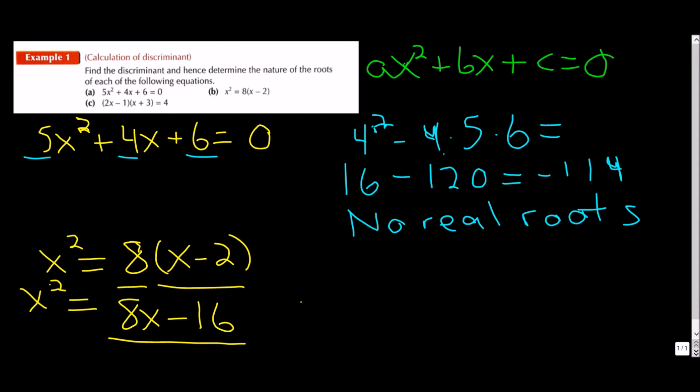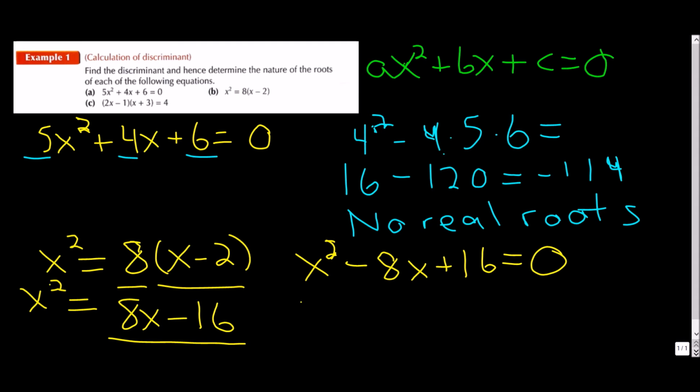So we're subtracting 8x minus 16 and moving it over. Think of it as taking each part, now that the 8x is separate from the negative 16, and shifting them over. So the 8x will become a negative 8x, and our negative 16, when we move it over, will become a positive 16. So now we have it in the right form.